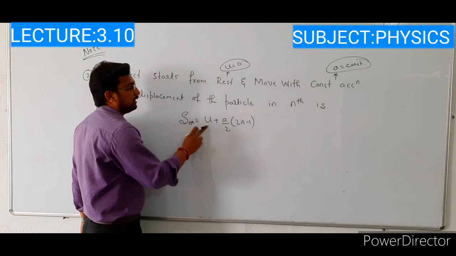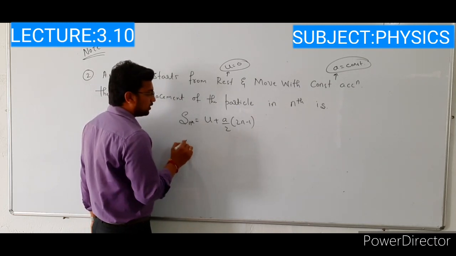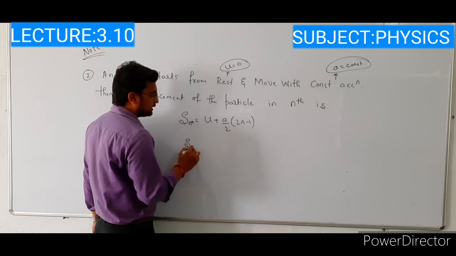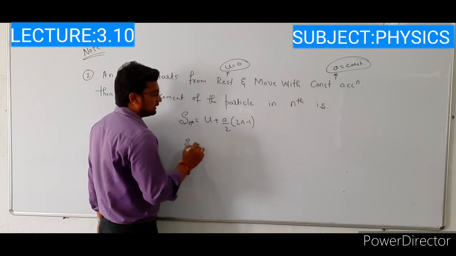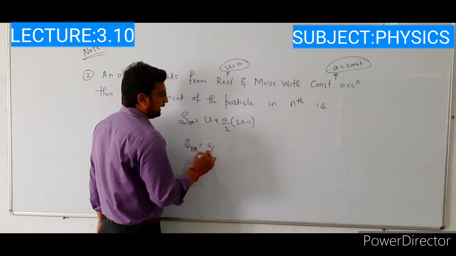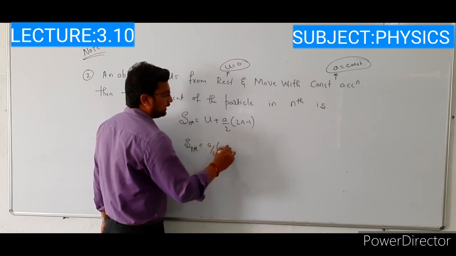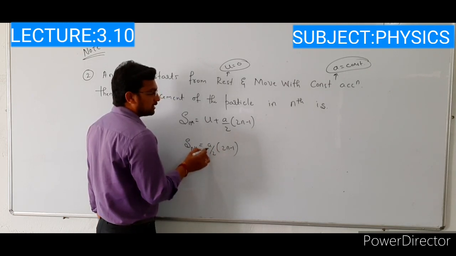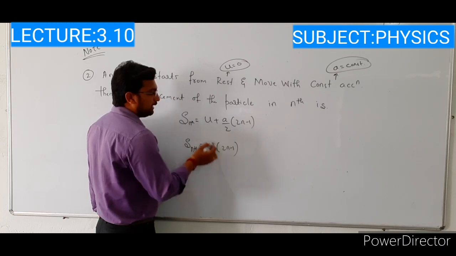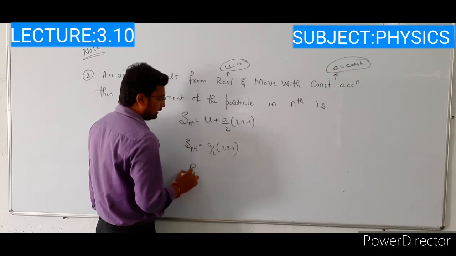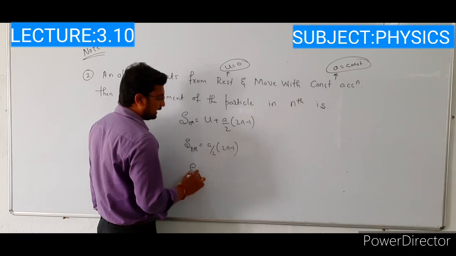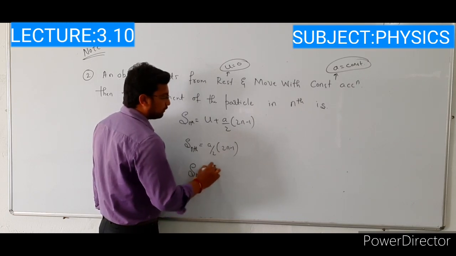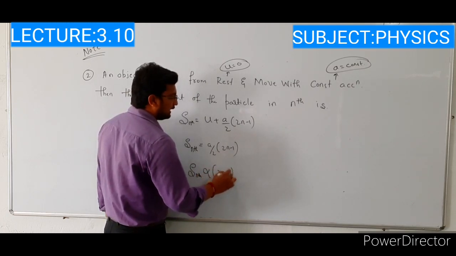So here the initial velocity of an object is 0 and acceleration is constant. So then the displacement of the particle in nth second is equal to a by 2 bracket of 2n minus 1, right? So in this case we are considering acceleration as a constant term and 2 is also a constant term. Here we are considering a by 2 as a constant term. Then the displacement of the particle in nth second is directly proportional to 2n minus 1.